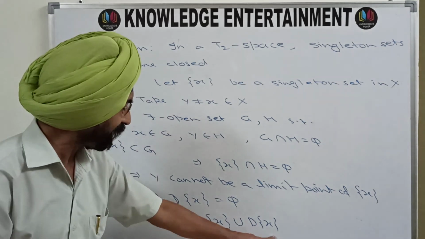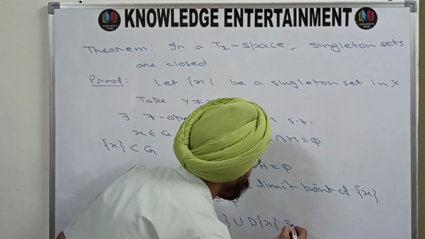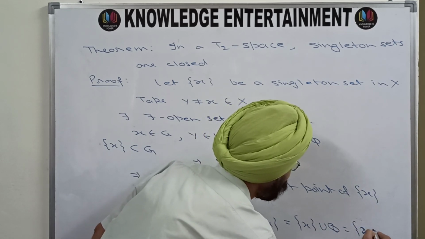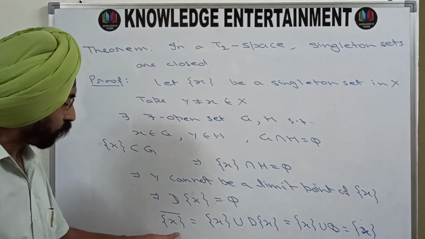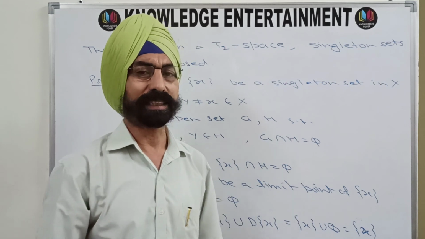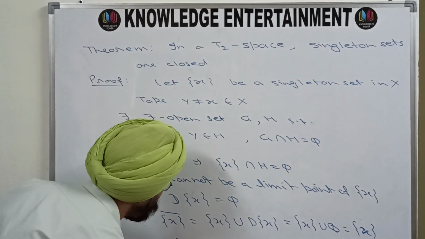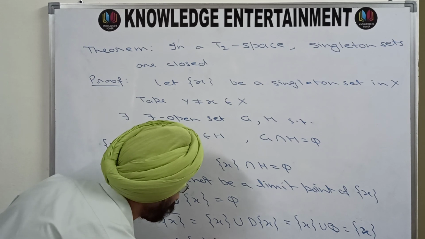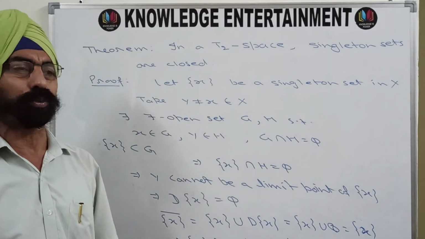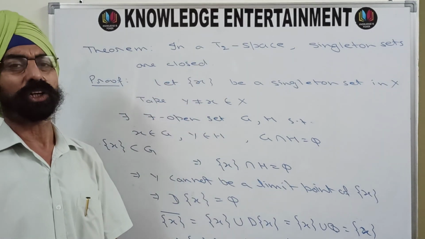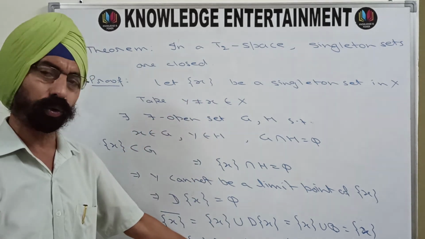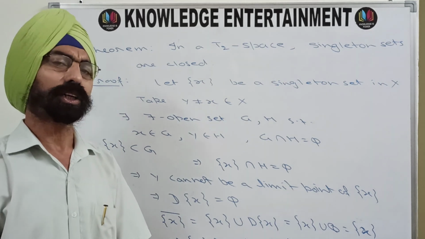So it is the singleton set {x} union phi, that means the singleton set {x}. So the closure of a singleton set is the same as the singleton set, which makes the singleton set {x} closed. And that was what we needed to prove. Since x is an arbitrary element and we have proved that {x} is closed, every singleton set is closed.